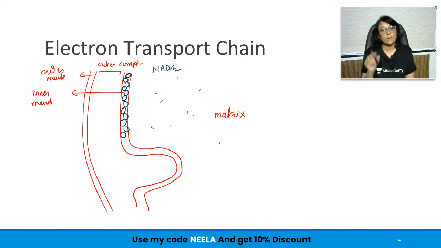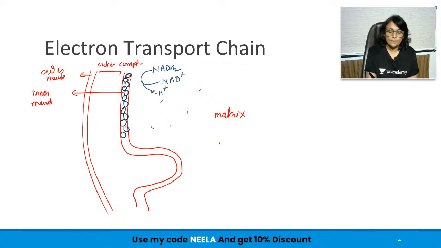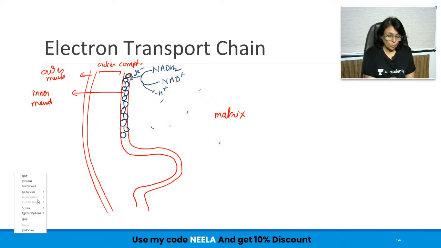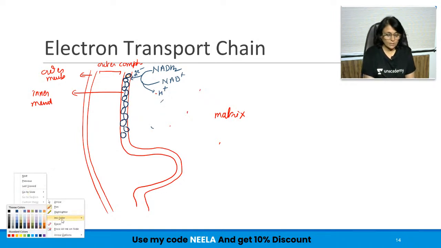So we are talking about the NADH2s which are in the matrix. This NADH2 dissociates into NAD, into a proton, and into a pair of electrons. And these electrons pass through these proteins.